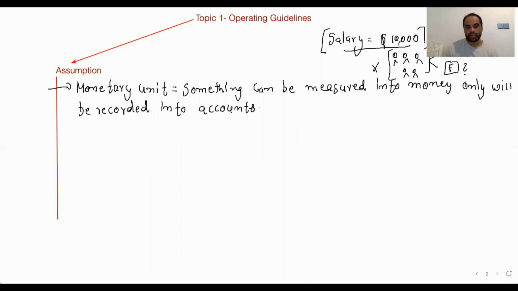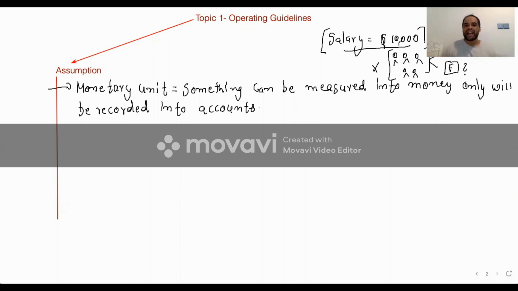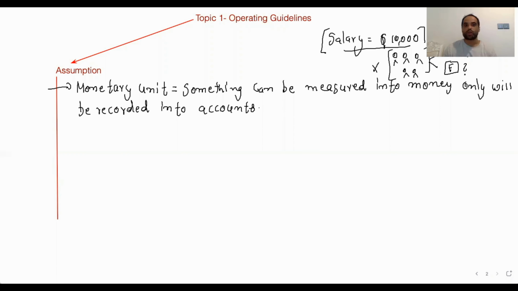So this is called economic events. But next day you go to park, you hang around, you just come back. Maybe you meet people, you talk to people, but does this talking or meeting have any connection with the money? Did you exchange money? When you talk to people, did you pay them money to talk, or they pay you money to talk to you? Of course not. So this is called non-monetary action or non-monetary units.